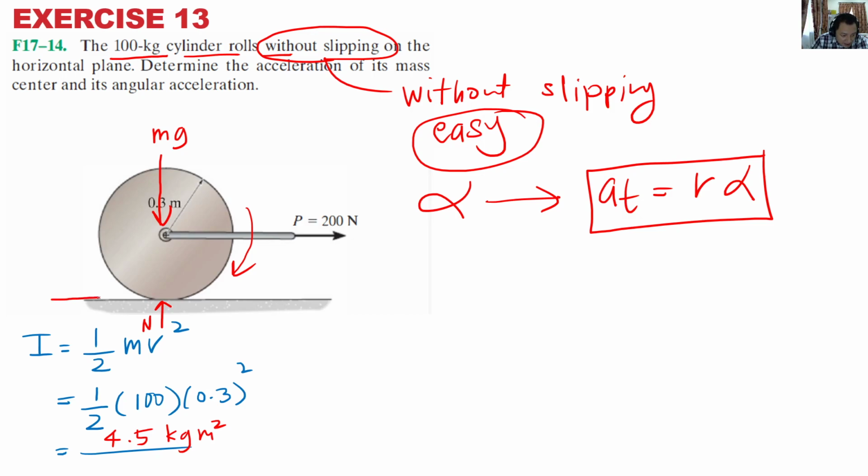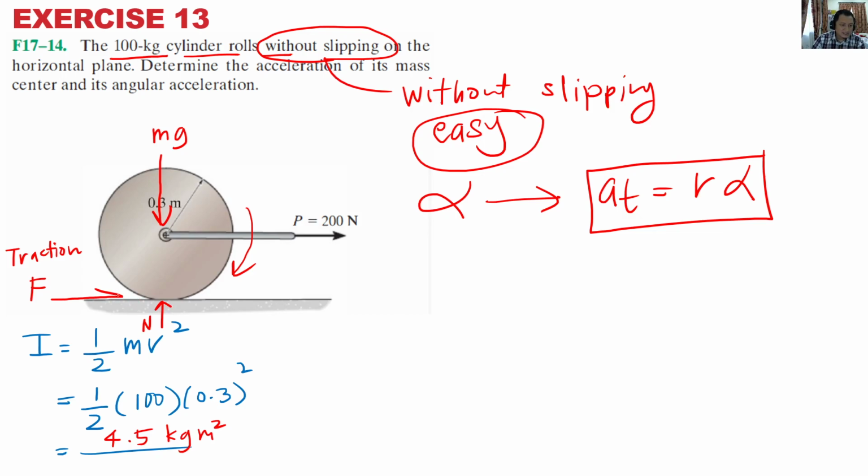So it has something called traction. This traction, we have to give it a name: F traction.